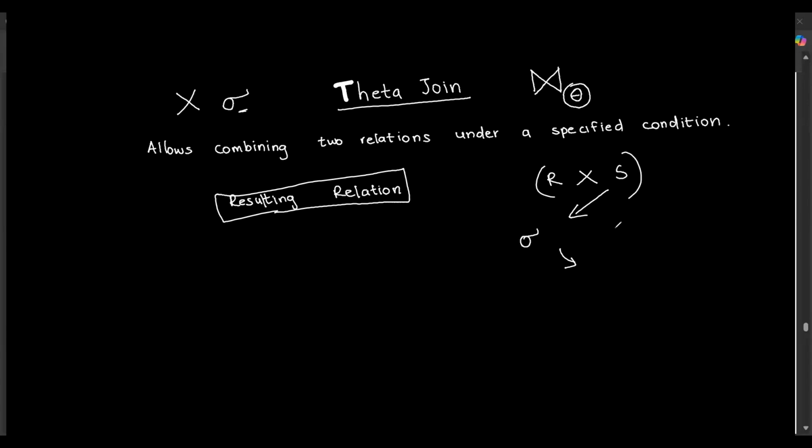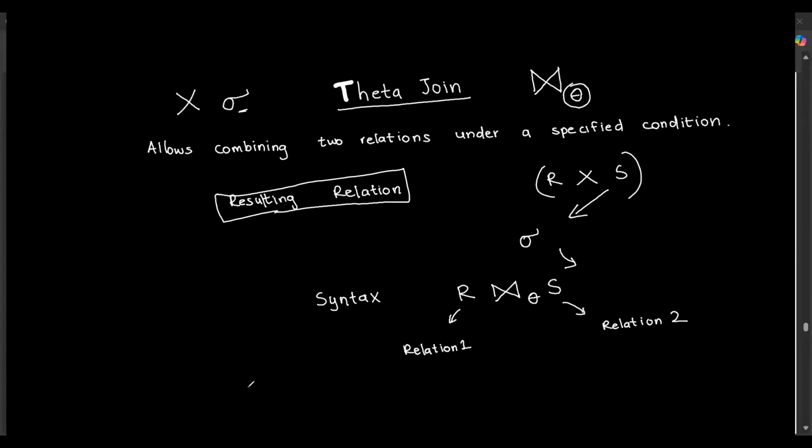It's not really hard actually. The syntax will be R theta join S, where R is relation 1 and S is relation 2.